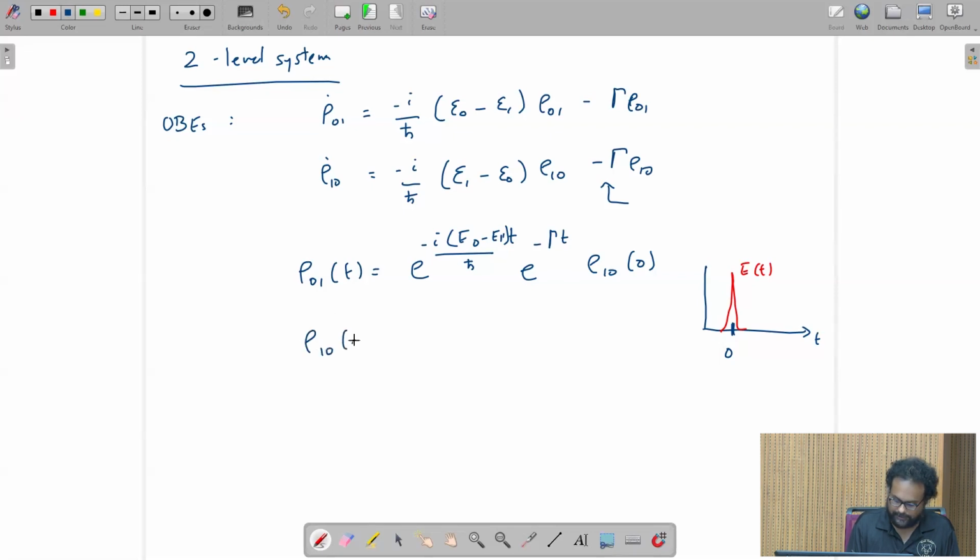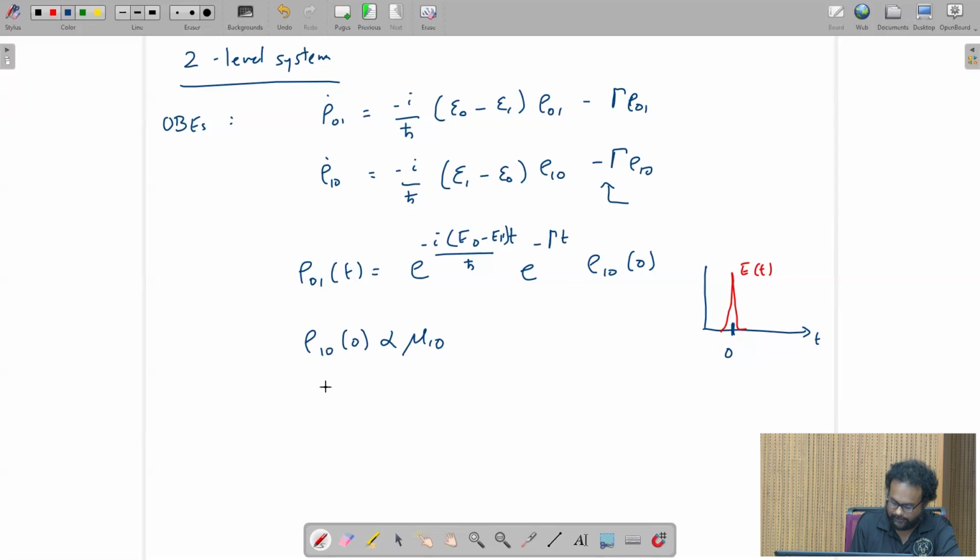Of course, the initial starting point at time 0 will be proportional to mu 1 0, the transition dipole moment strength, which is the interaction. And let's say we let that system evolve in time, and later at a given time t1, this polarization that I'm going to create is going to emit a light field.